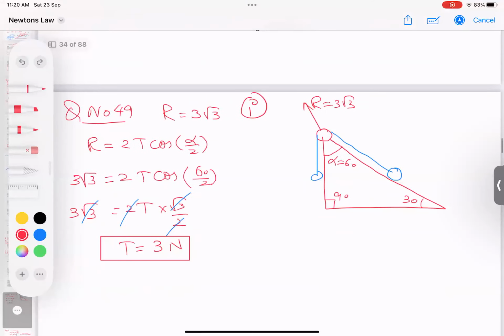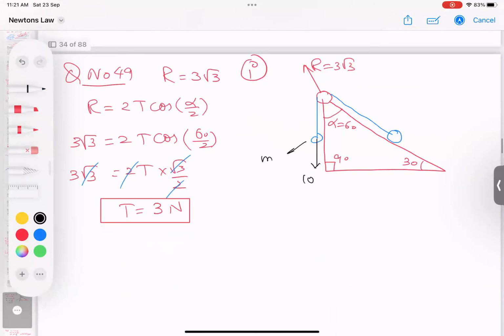This mass is the P particle, and let's say its mass is m1, I give it a name.